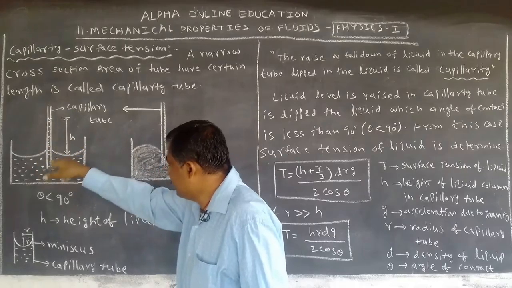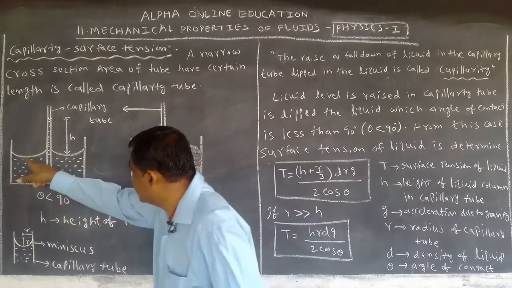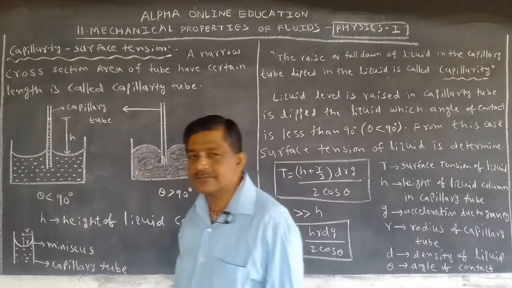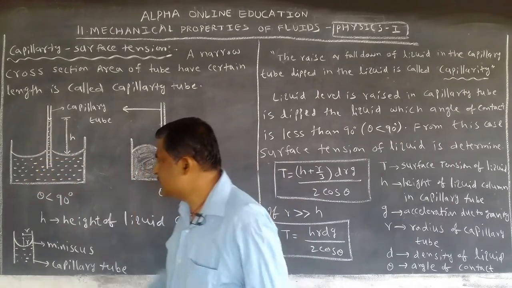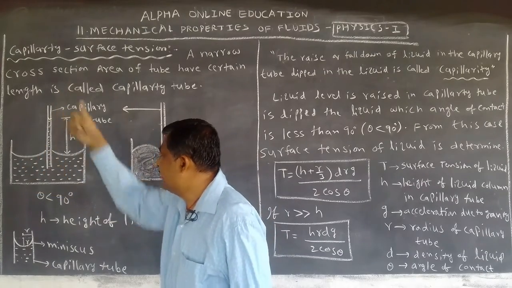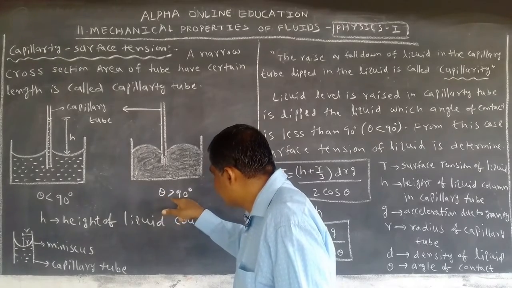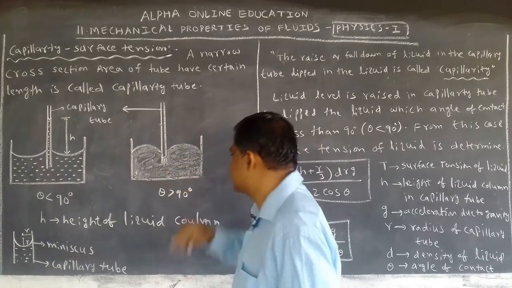In the first case cohesive forces are less and adhesive forces are more, that's why the liquid level is raised. Here the cohesive forces are more and adhesive forces are less, that's why the liquid level falls down.